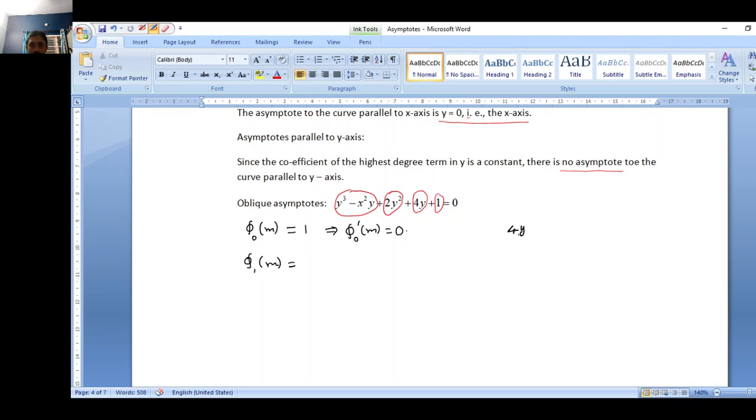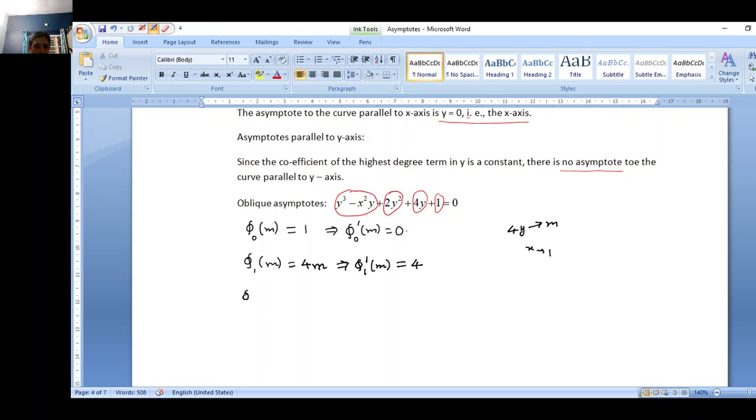In this, replace every y by m and x by 1. Because there is no x term here, this will simply be 4m. So replace y by m and x by 1. This is what we have as phi 1 of m. And once you have got phi 1 of m, find out phi 1 dash of m. Phi 1 dash of m is going to be 4, obviously.